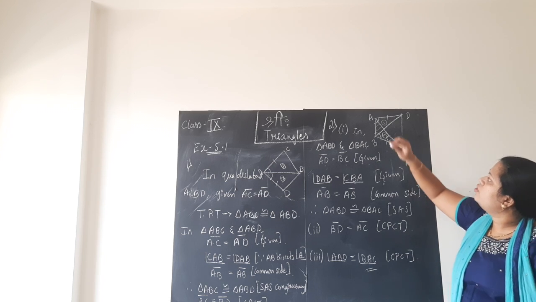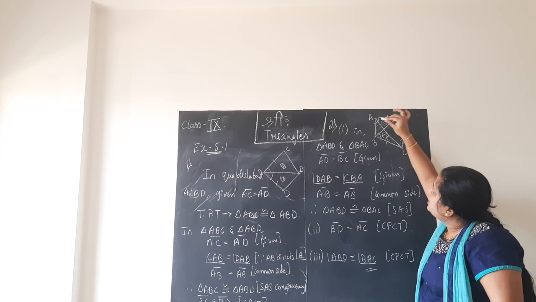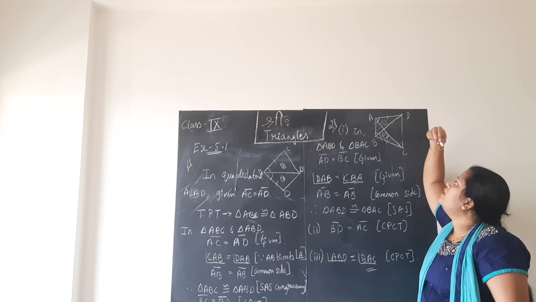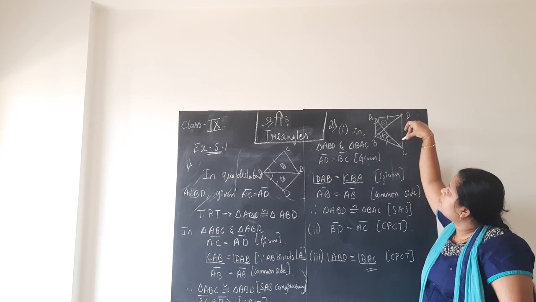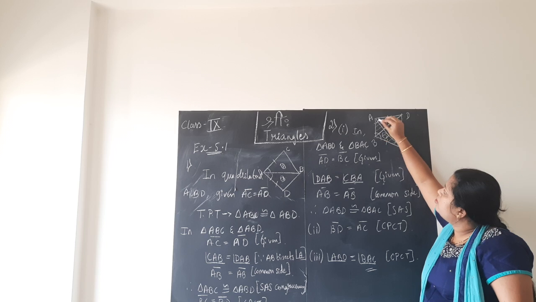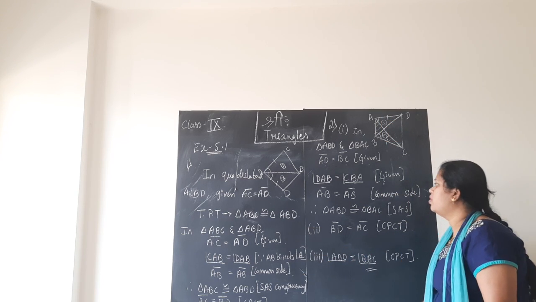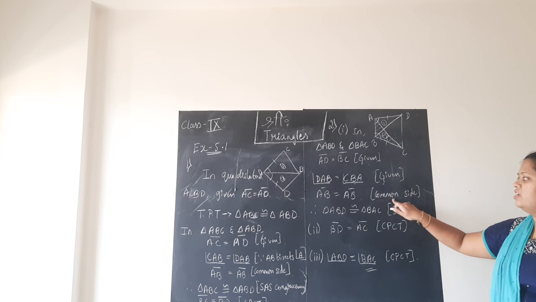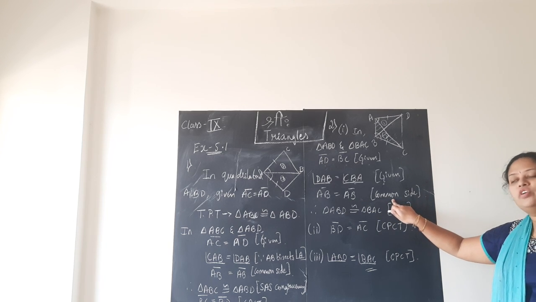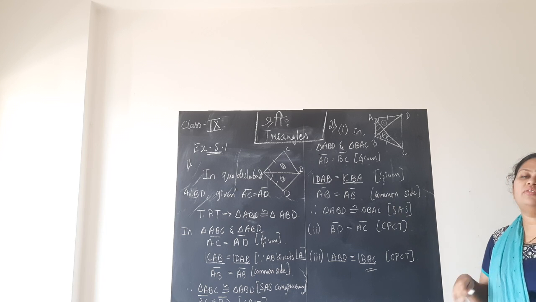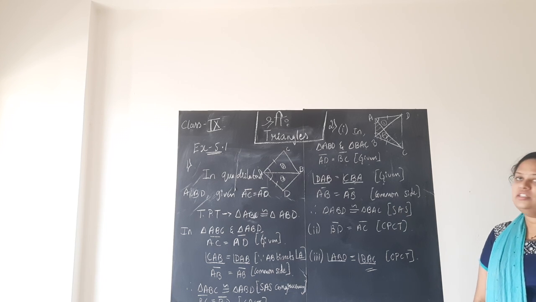But again if you look, children, in triangle ABD, side AB is included. Similarly, in triangle BAC, side AB is included, like as we did here in the previous problem. So again side AB equals side AB, but it is a common side for both the triangles. Therefore we can say those two triangles are congruent by using SAS congruency rule.